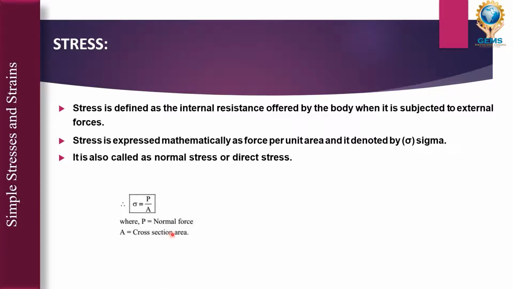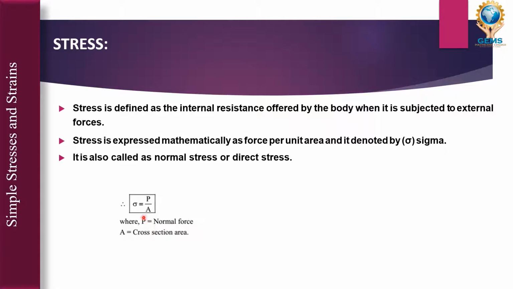Understand? Once again I will repeat. What is stress? Stress is defined as the internal resistance. Suppose we are applying any force on a particular object, the object will deform, but internal resistance will not allow the object to deform. Understand? That internal resistance offered by the body or object is known as stress.